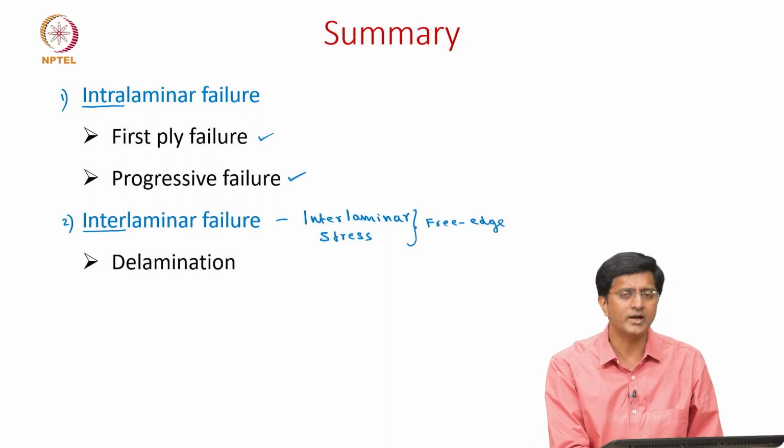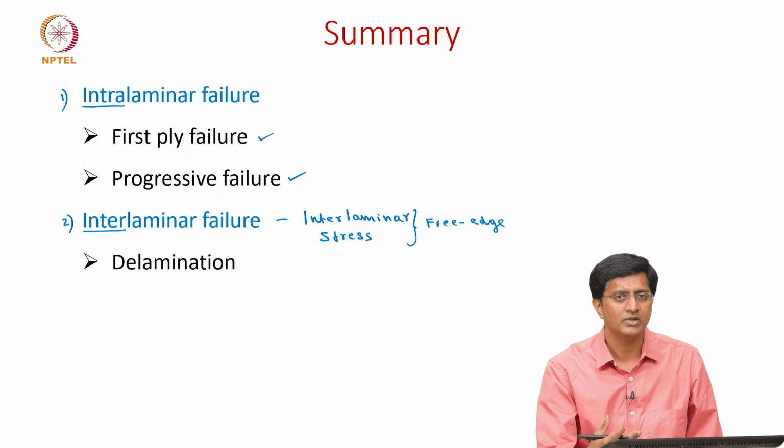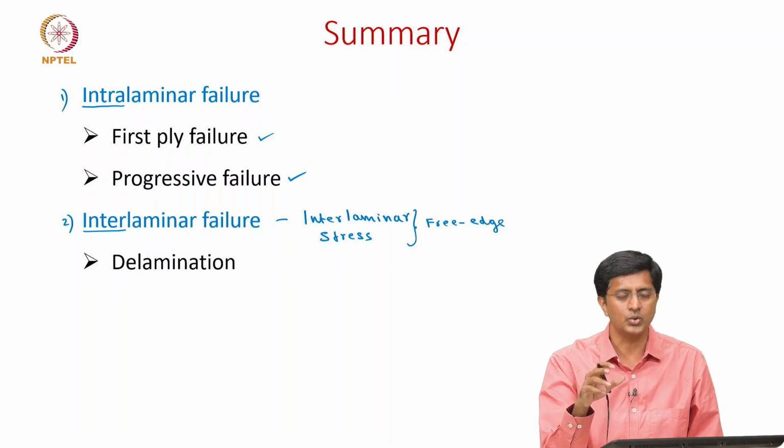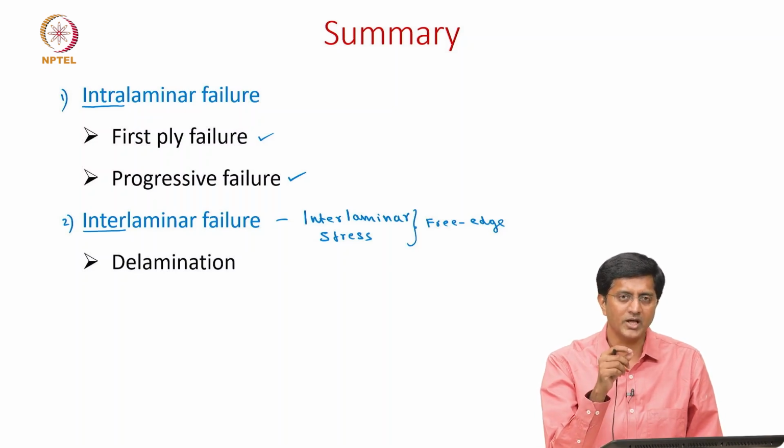And we also looked at the other ways in which delamination occurs. So these delaminations can also occur at the holes, or maybe because of small low velocity impacts like the drop of a tool, where we said there is a damage not occurring on the surface of the laminate but within the laminate.